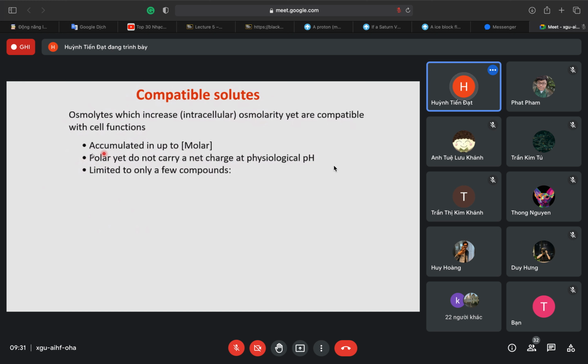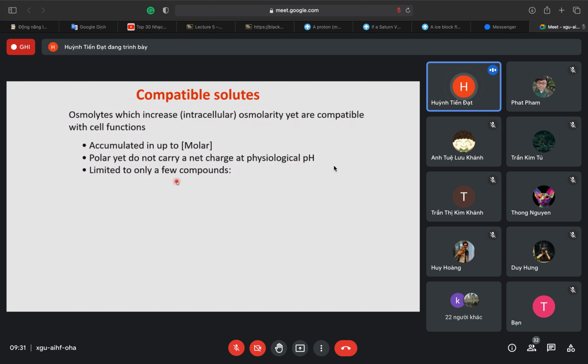So polar, they love water or they love fat? They love water, so they form more ions. So they are highly polar, but the net charge on the compound is not much; they do not contain any charge in the physiological state.